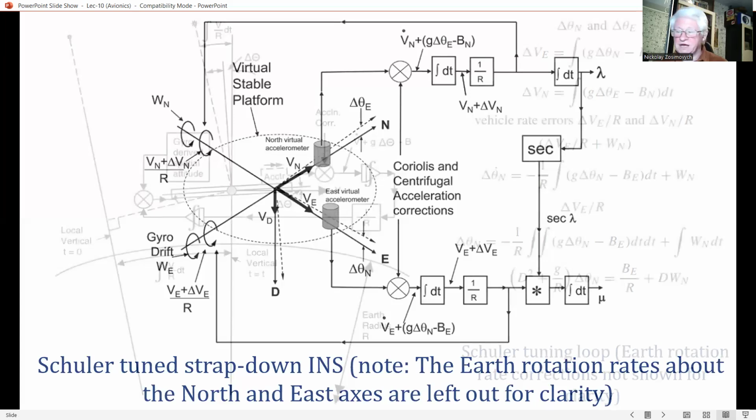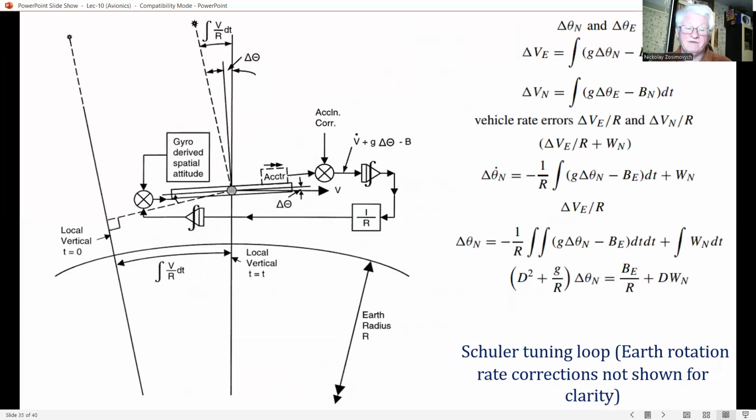And this figure is basically like the figure on the previous slide. Do you agree with me? Basically, yes, and it is intended to aid visualization of the process of tracking the local vertical as the aircraft moves over the Earth's surface, and the Schuler pendulum characteristic.